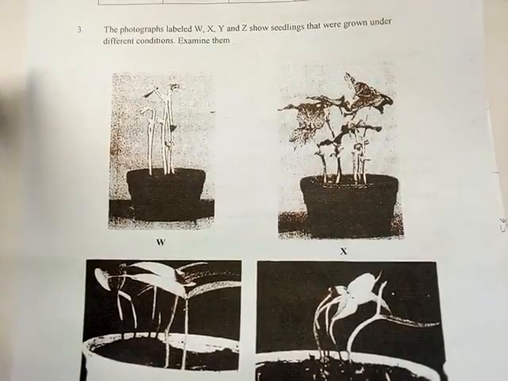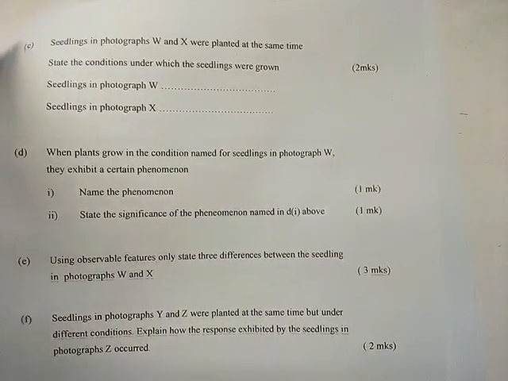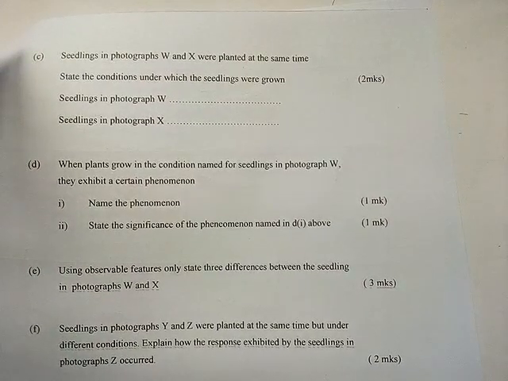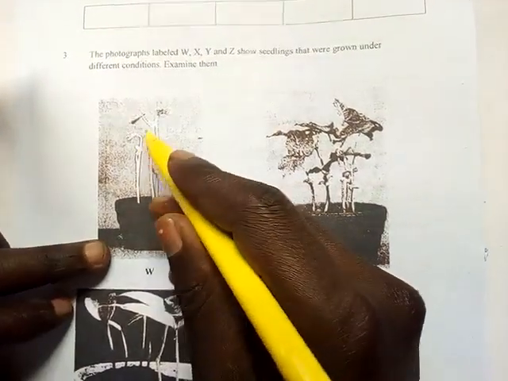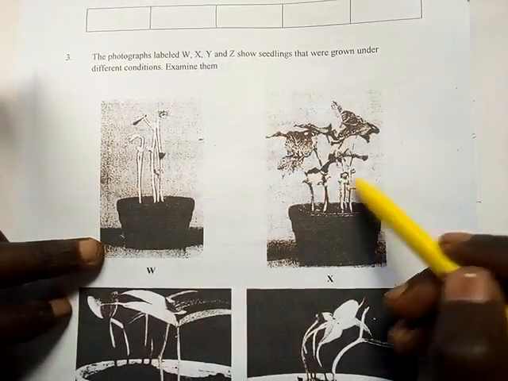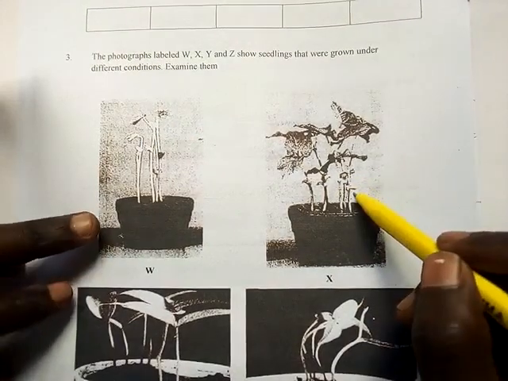You are told the seedlings in photographs W and X were planted at the same time. Then state the condition under which the seedlings were grown. Let's see those seedlings. As you can see, this one is very tall while this one is very short with a big stem.